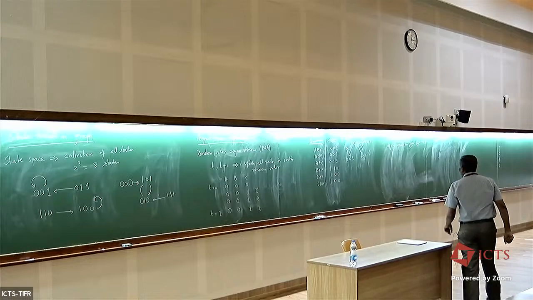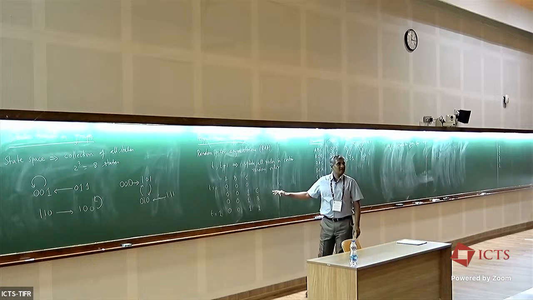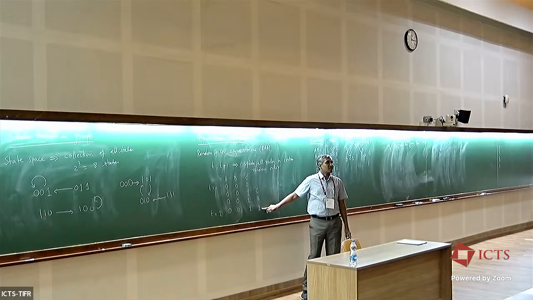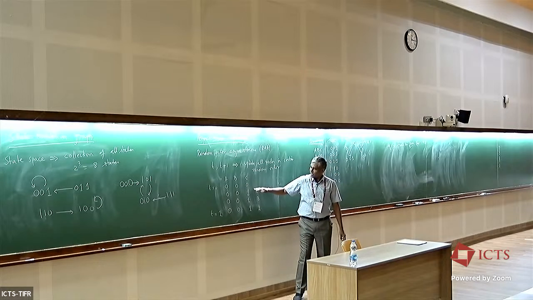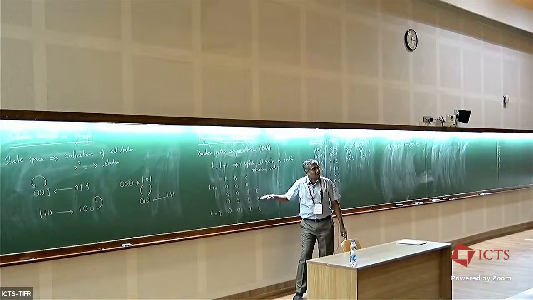Yeah. So if you see here, this is a permutation sequence. For every update step, I'm updating the states in the order of the permutation.